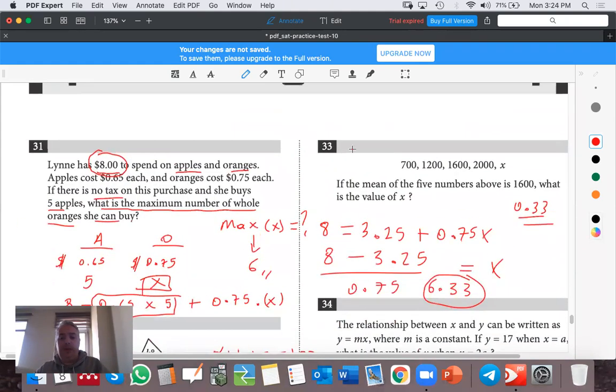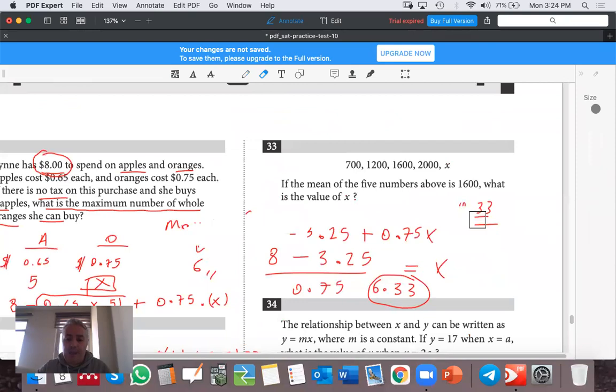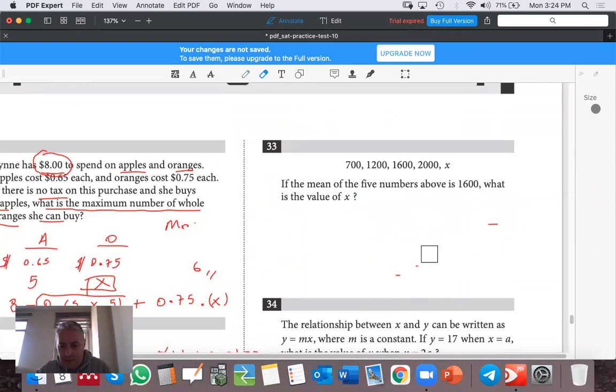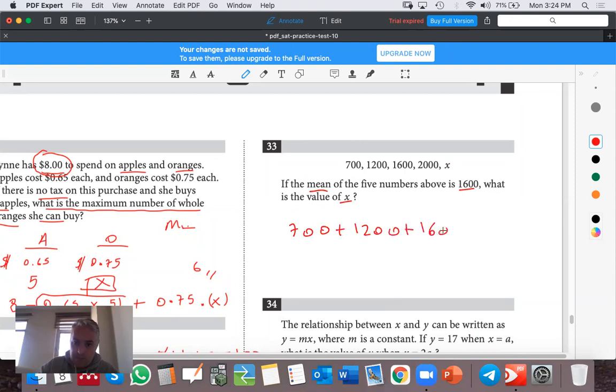Now, question number 33. Yeah, it is probably a statistics question. Let's see. If the mean of the 5 numbers above is 1,600, what is x? Excellent. It's a very simple question. Why? Mean means the sum of all the numbers divided by how many numbers you have used. 1, 2, 3, 4, 5.